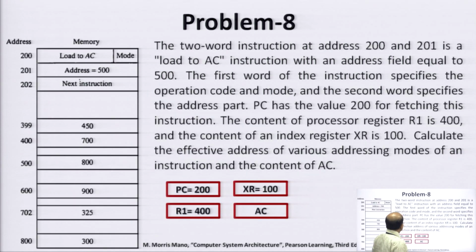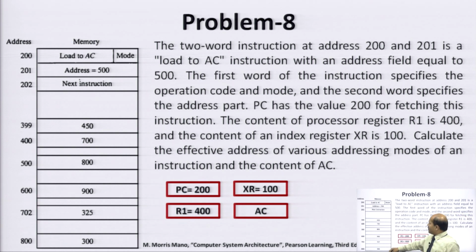Let us talk about the next problem, which is related to various addressing modes we use in computer organization. In this particular case, there is an instruction stored in the memory having two words, and initial conditions are given. The program counter is 200, the index register value is 100, and the register R1 is given as 400, along with the accumulator.